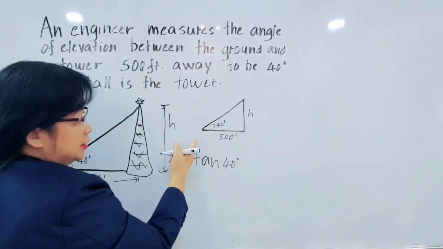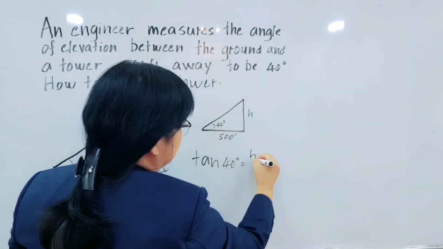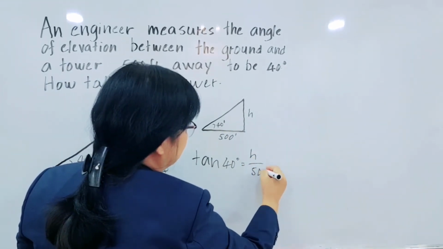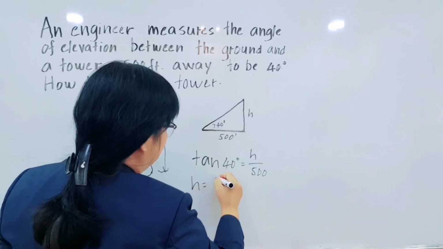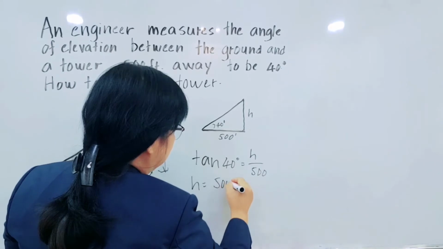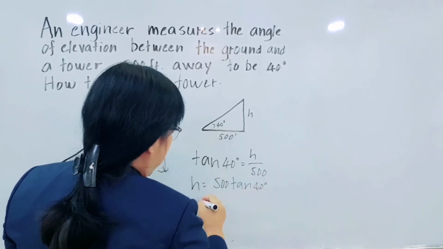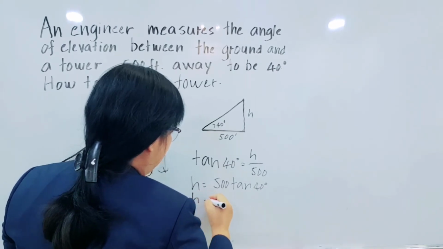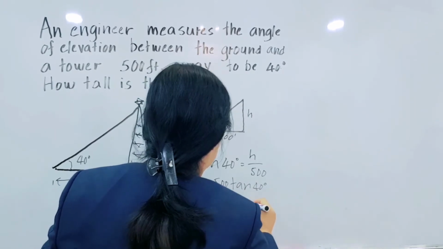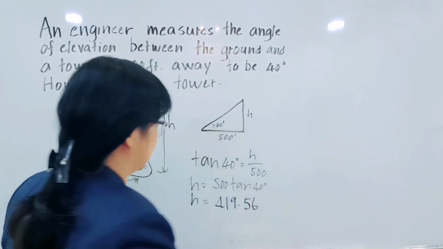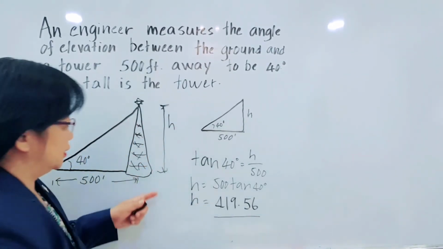Tangent is equal to the opposite over the adjacent, which is equal to h over 500. Therefore, h is equal to 500 tangent of 40. Therefore, h is equal to 419.56. This is the height of the tower.